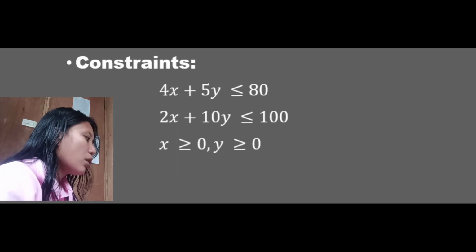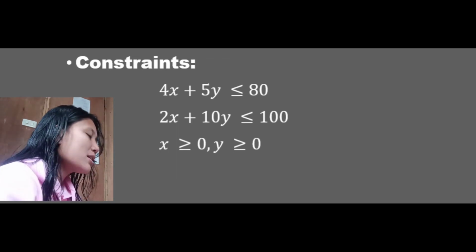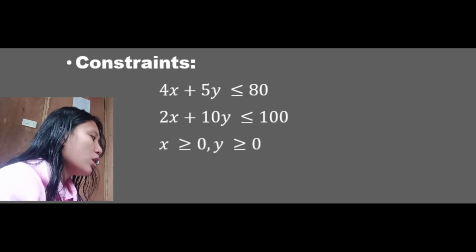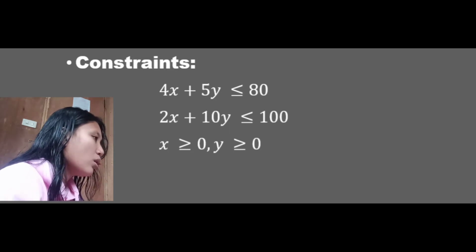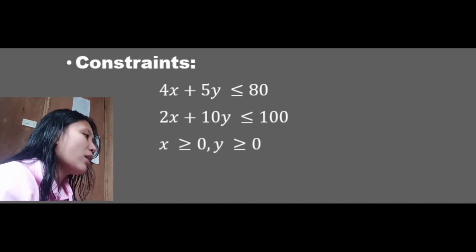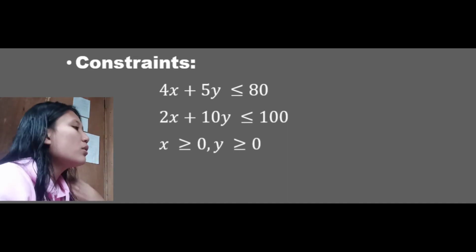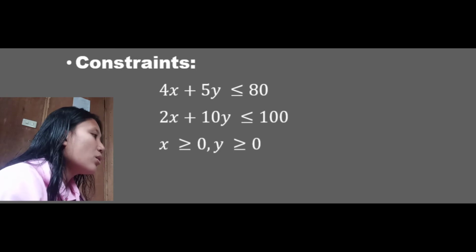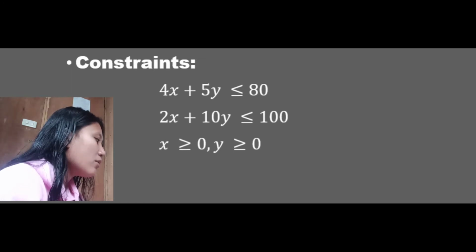In terms of carpentry time, we have 4x, which is 4 times the number of tables, plus 5y, 5 times the number of chairs, less than or equal to 80, the total amount of hours available.